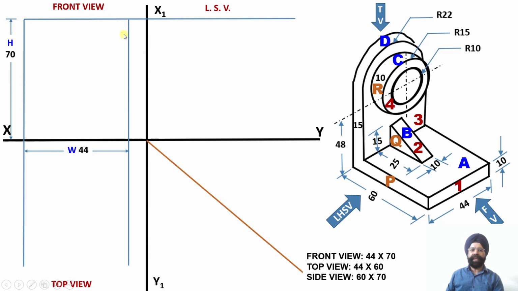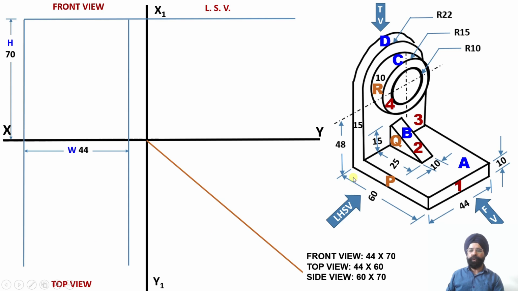So we have obtained the rectangular face corresponding to the front view, and then the front view height projection has been carried forward onto the left hand side view, because in the left hand side view the height of the solid will be required, and similarly the width dimension has been projected onto the top view so that we can draw the top view.